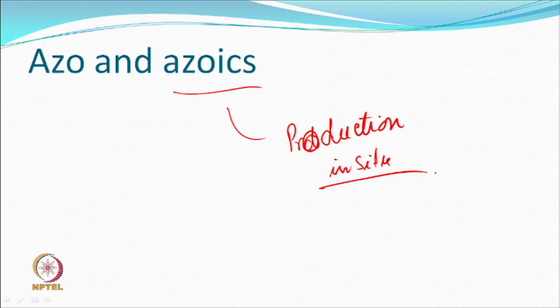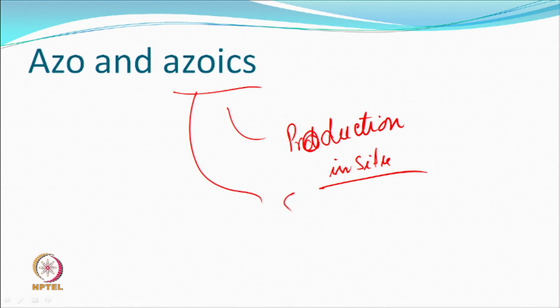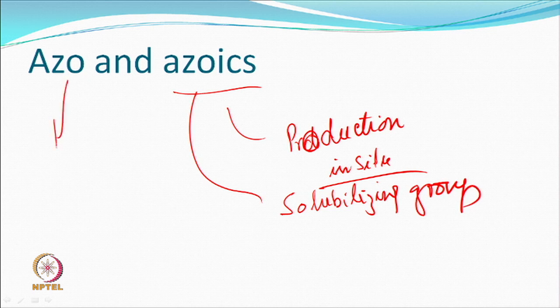That is all. And as far as the production is concerned, you are producing in the same manner in different places, that is all. The only difference here is that in this case you do not have a solubilizing group, whereas here, based on the dye, you may have a solubilizing group.